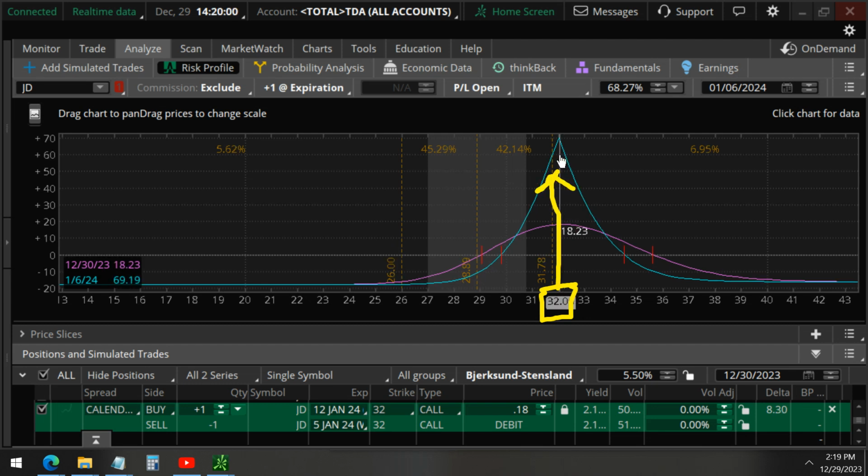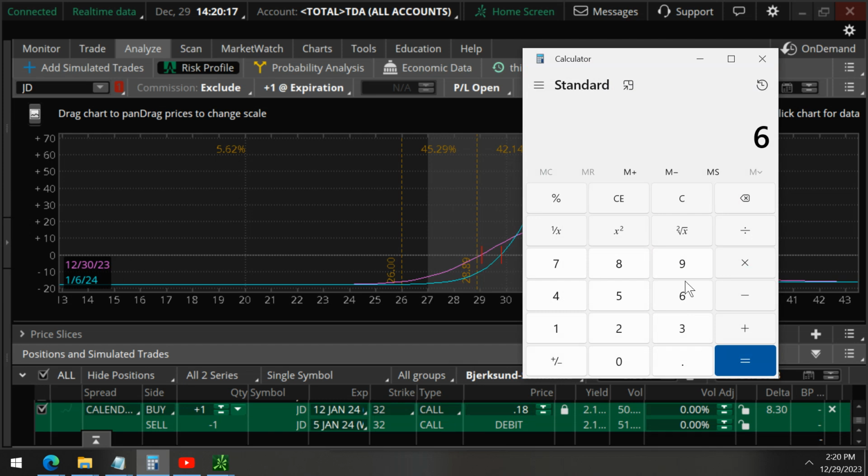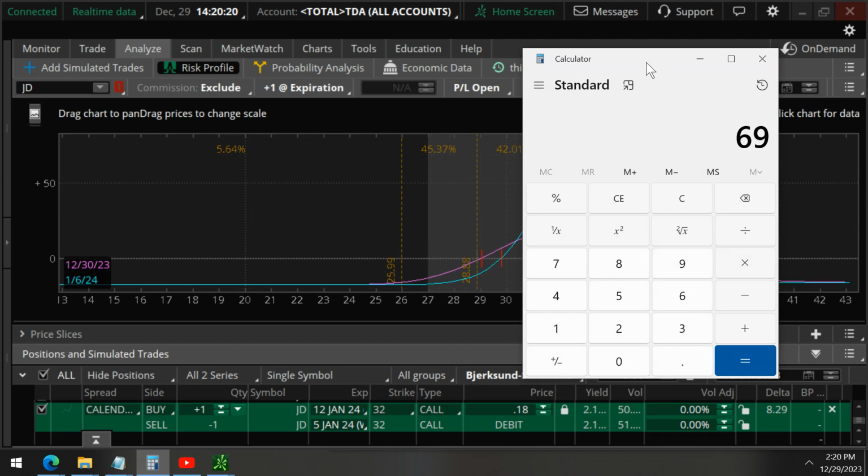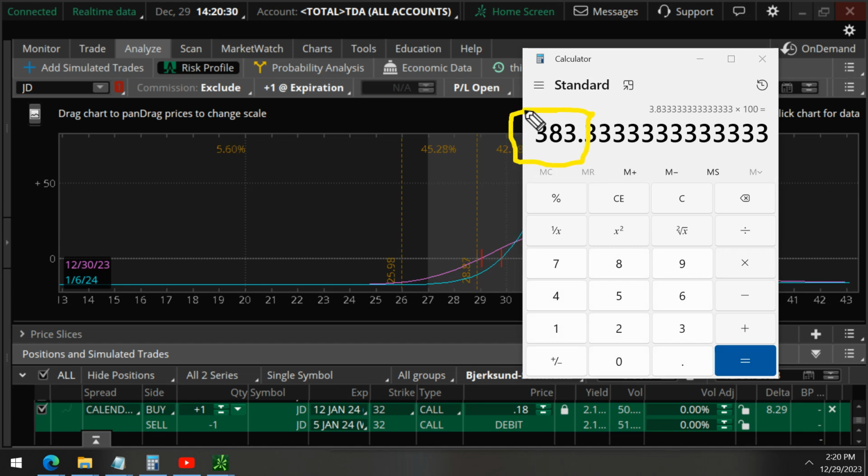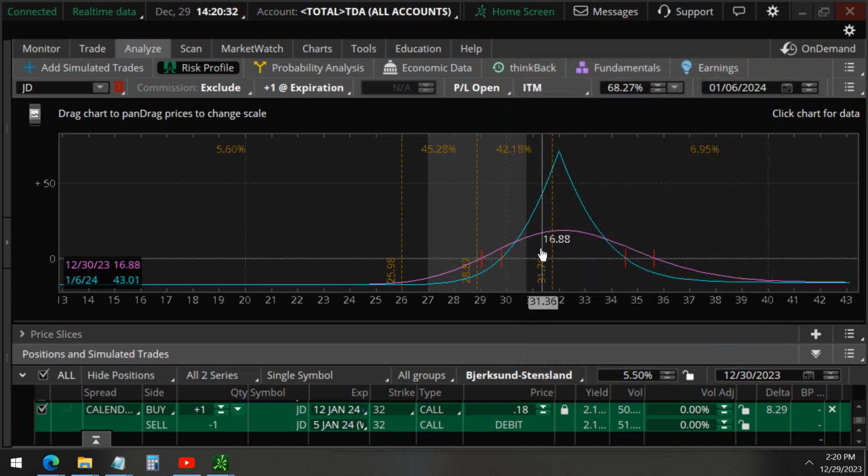You can see that the max profit is about $69.19. Okay, so that is well above 100% because they spent $18 on this trade, right? If they hit max profit, this would essentially be 383%, right? So that is why they are trading this with this strategy.